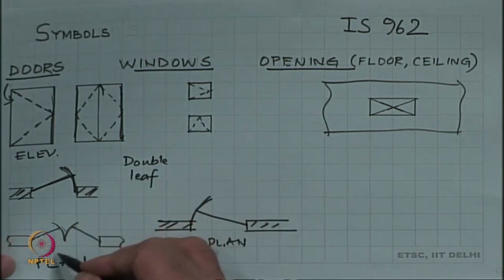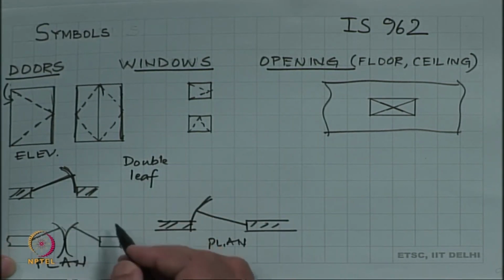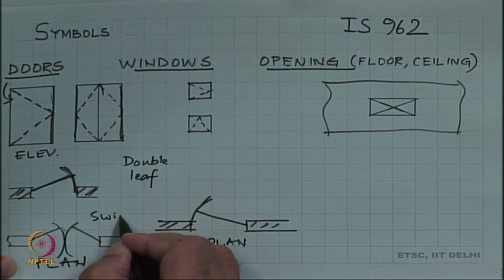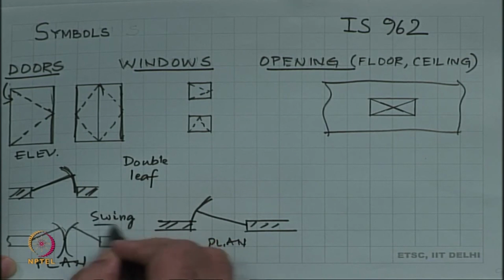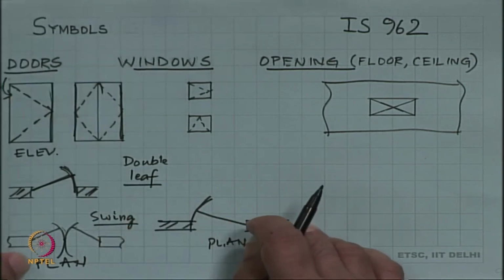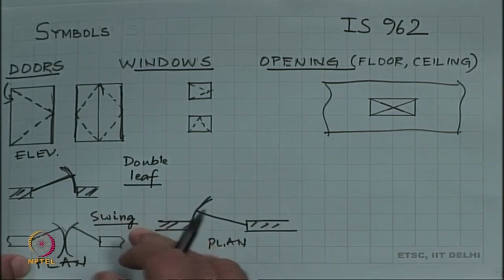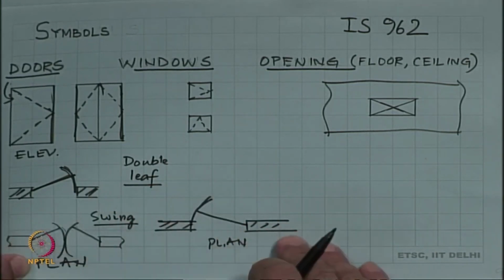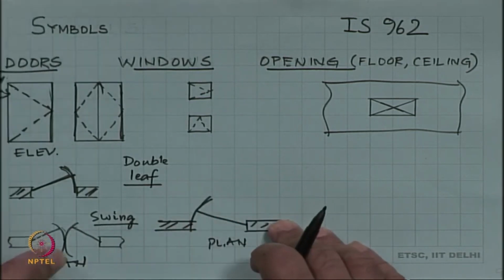So, how it goes this way, this is called the swing. So, this is the leaf and this is the swing. There are also doors which could be sliding doors, there are doors which could be revolving doors, they all have the symbols in the standard, we can look that up.